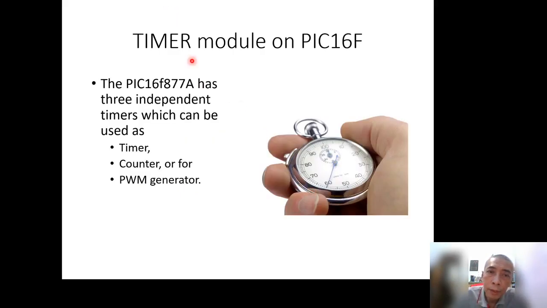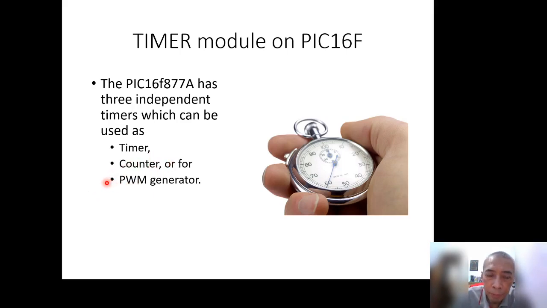So what about the timer module on the PIC16F? The PIC16F877 has three independent timers: timer 0, timer 1, and timer 2, which can be used as a timer counter or for a PWM generator. Only timer 2 is used in the PWM generator.